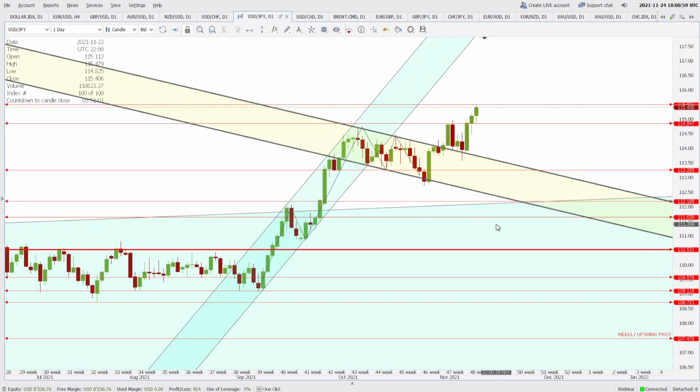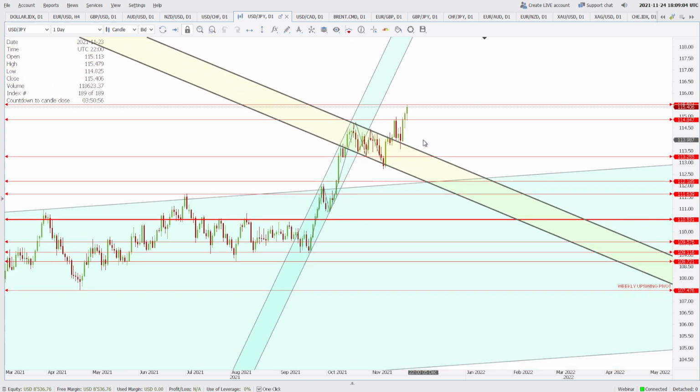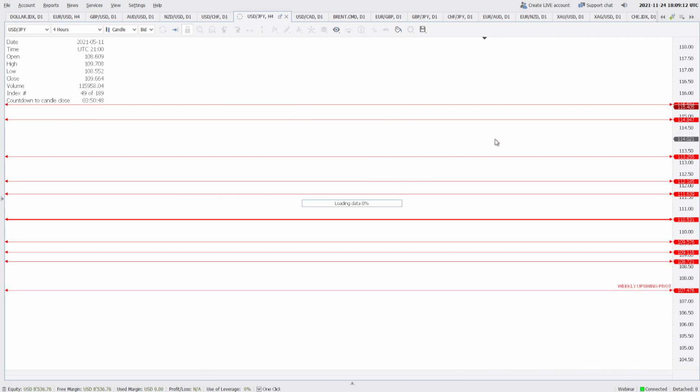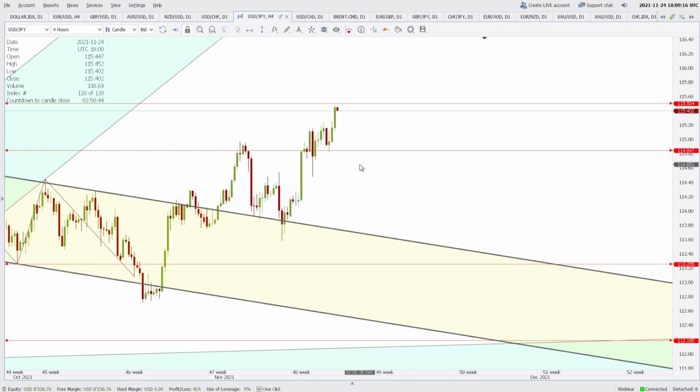Talking about USD JPY, USD JPY is moving in line with the dollar index. 115.50 is the resistance that we have already explained, and intraday the price came back to test the broken resistance of 114.84 as fresh support.